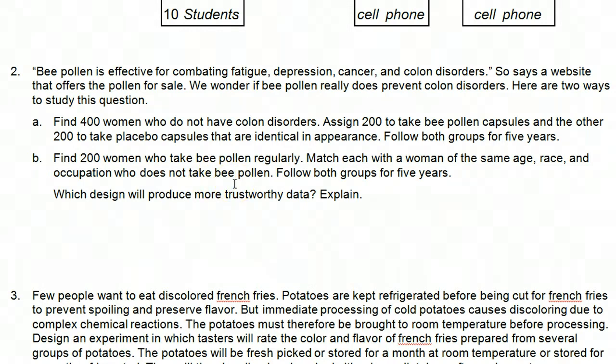And those would be your lurking variables. Okay, so that's why the first method avoids just having a whole group with something huge in common right off the bat before we even got started with the study. And so that will avoid some of those lurking variables.